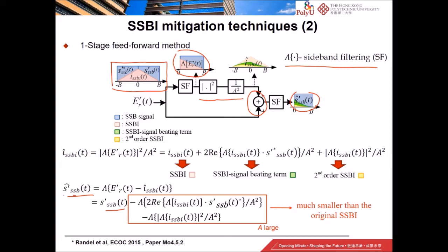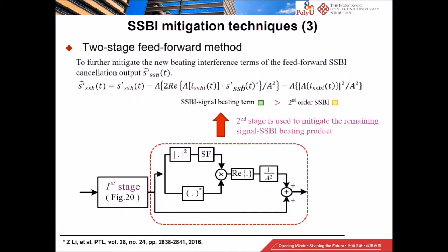Okay, now this concept of feed-forward SSBI cancellation can be taken even further. You can actually have a two-stage feed-forward method to eliminate the SSBI. So basically, this is a continuation of what we talked about just now. What we talked about just now is that we have a renewed estimation of the signal as given by this expression here.